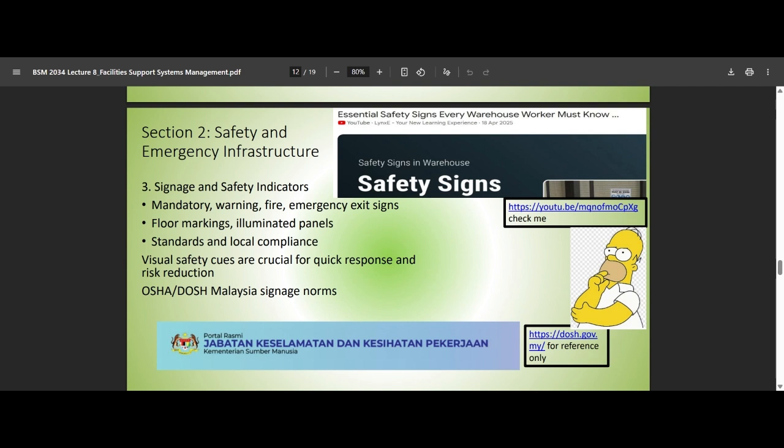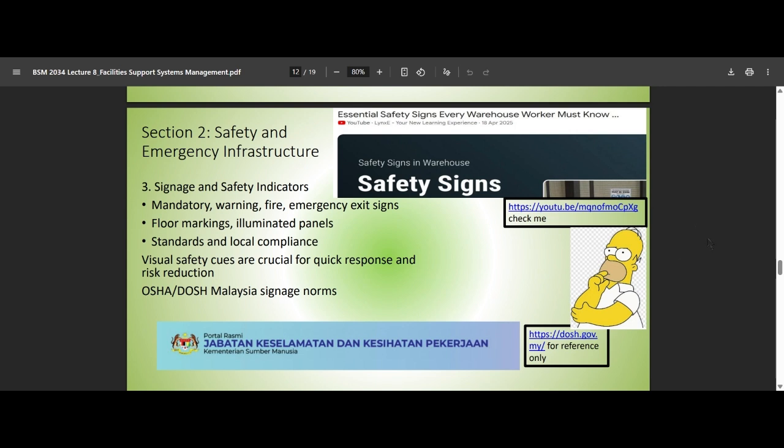Now we are still in section 2. This slide will discuss signage and safety indicators. It's mandatory, it's a warning for fire and for emergency exit. That means you require signs for all these things.